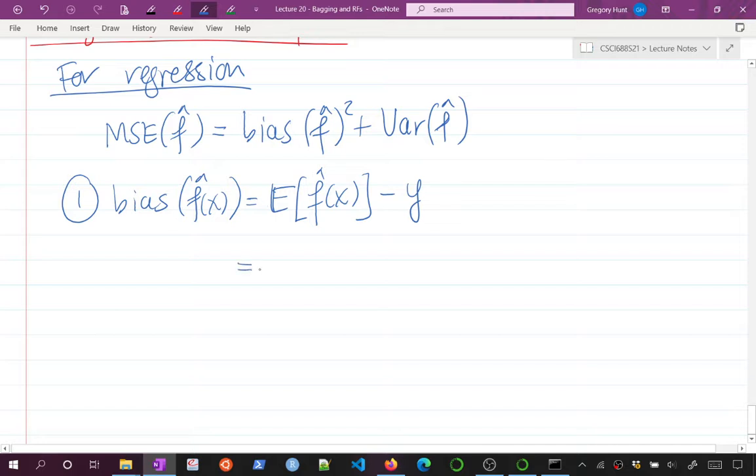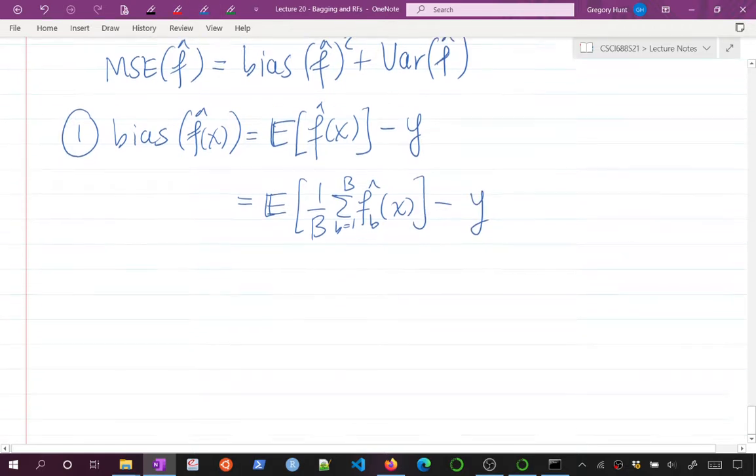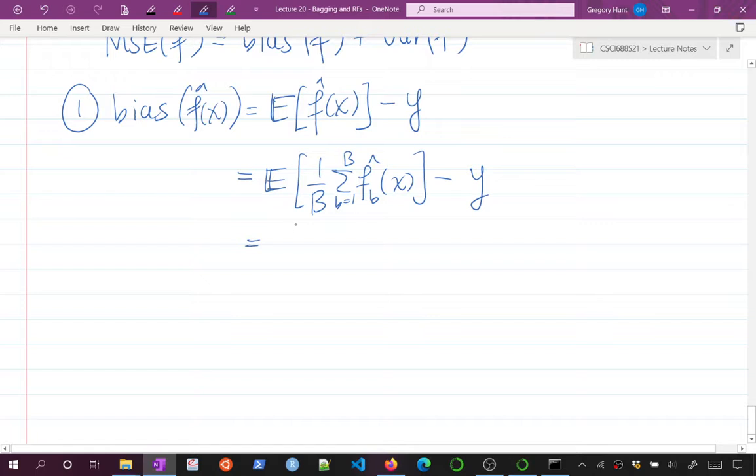For a bagged estimator, what we get here is the expected value of our average of our subsample classifiers minus the truth. From our discussion about X bar, this thing is basically X bar, but instead of X's we have F's.